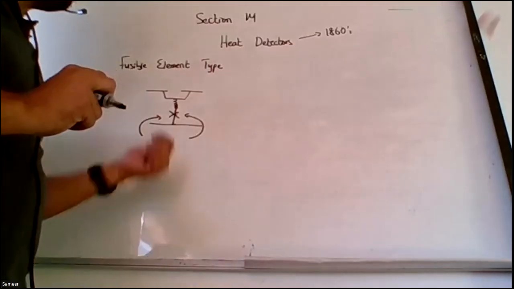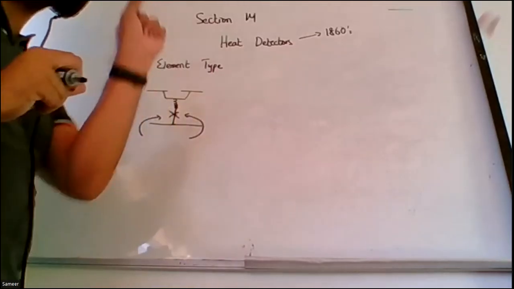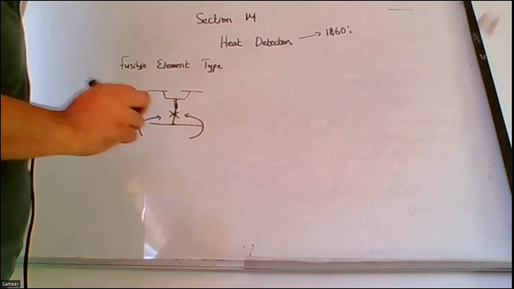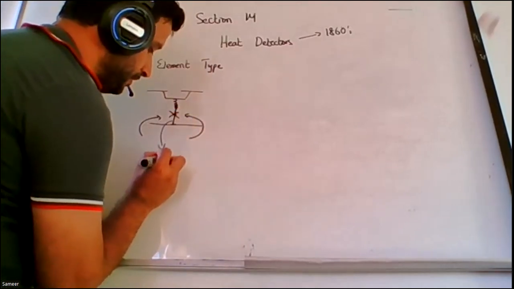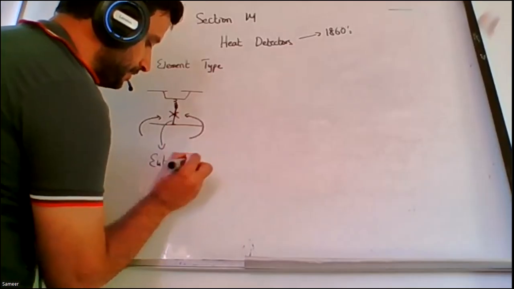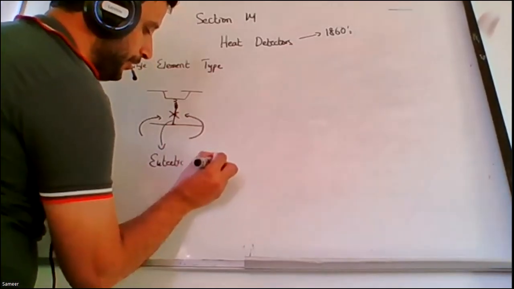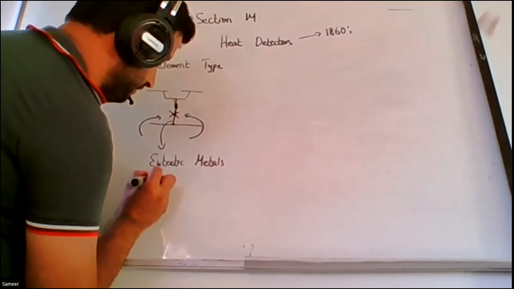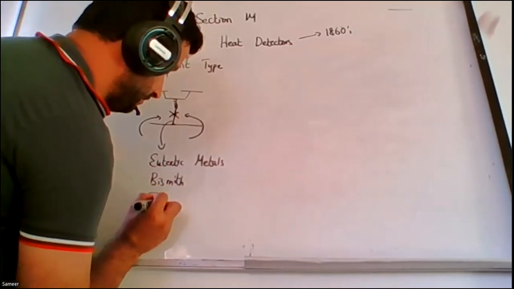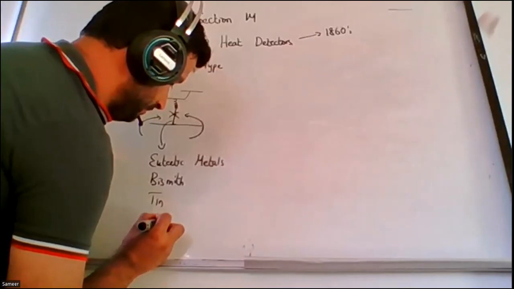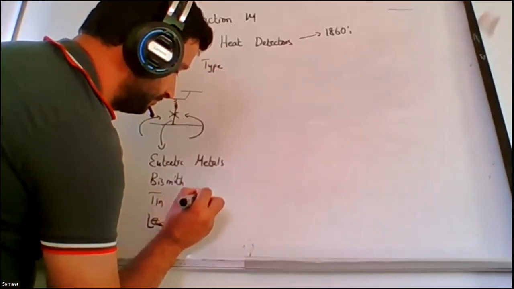This link is usually made of, as we have discussed in the basics of fire science, eutectic metals: bismuth, tin, lead, and cadmium.